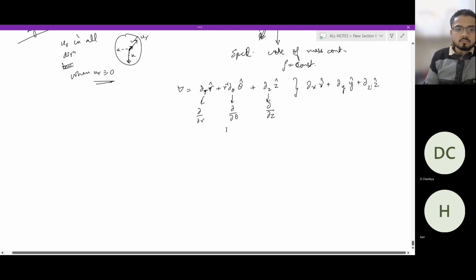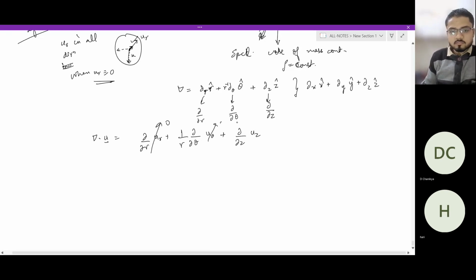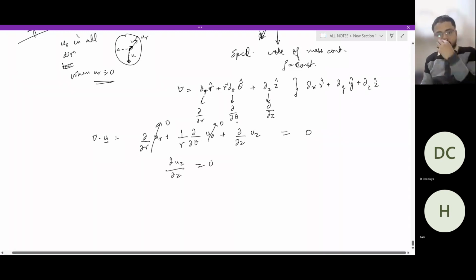Okay, so now you write del dot u vector is equal to del over del r of u_r plus 1 over r del by del theta of u_theta plus del over del z of u_z. And since this is 0, this is 0, so you get del u_z over del z equal to 0, right?